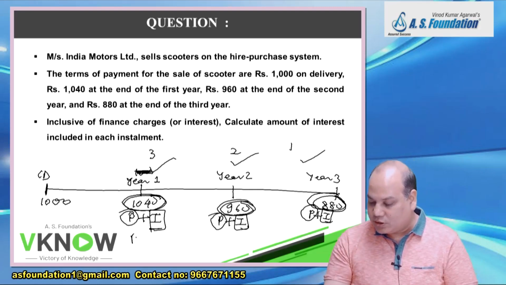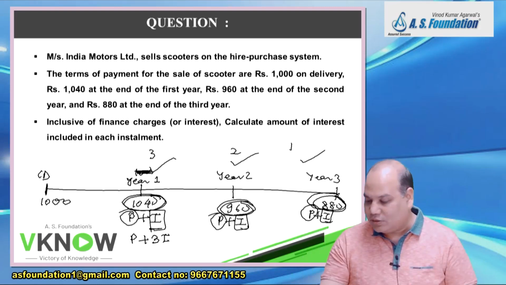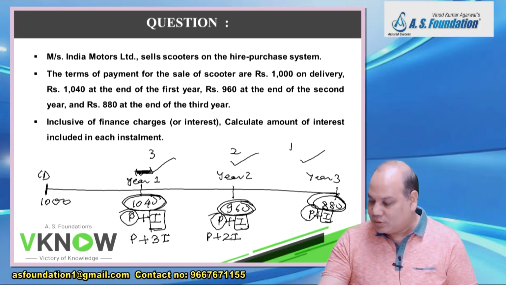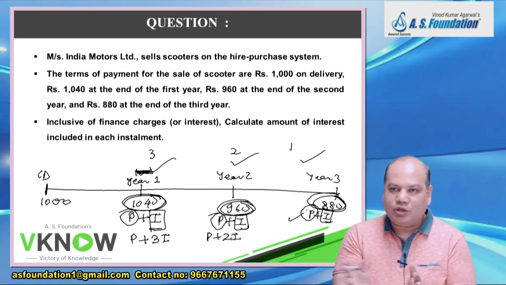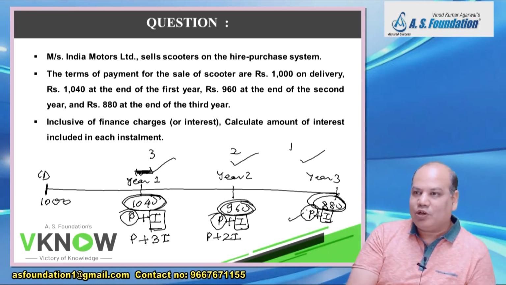It means, can I say the 1040 is P plus 3I. This is P plus 2I and this is P plus I, because interest is in the ratio of 3:2:1. And then we can solve a simultaneous equation. Do you know simultaneous equation?